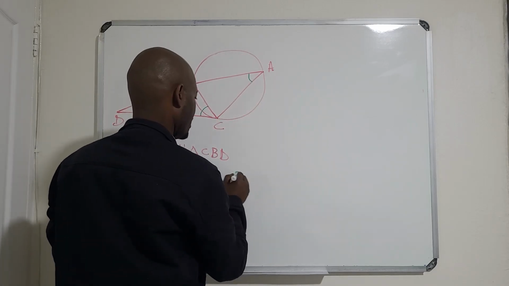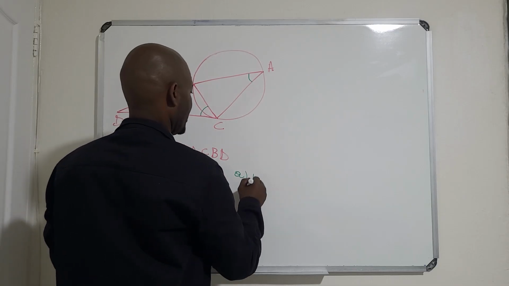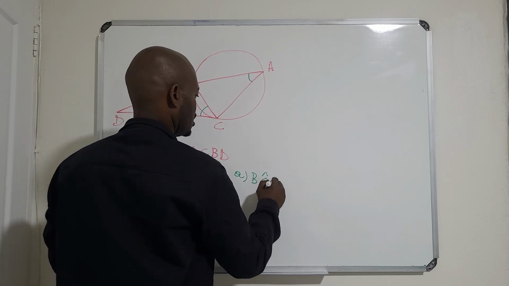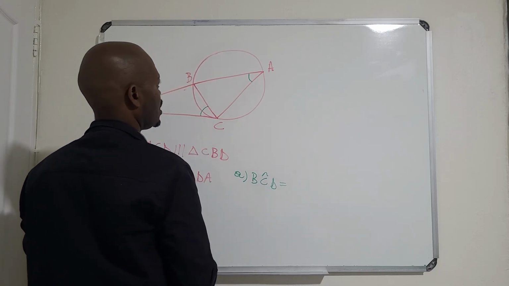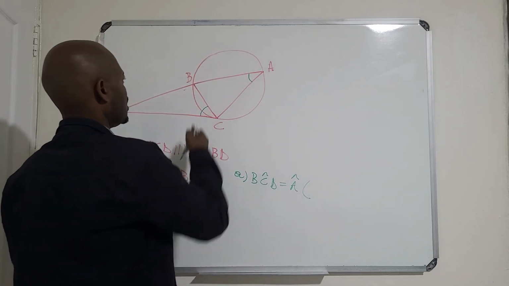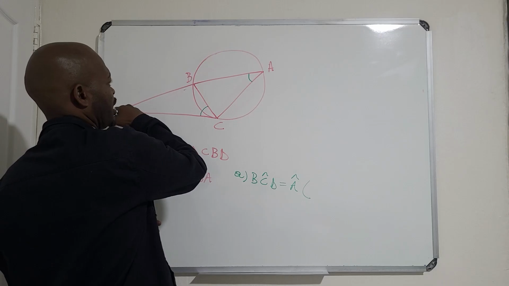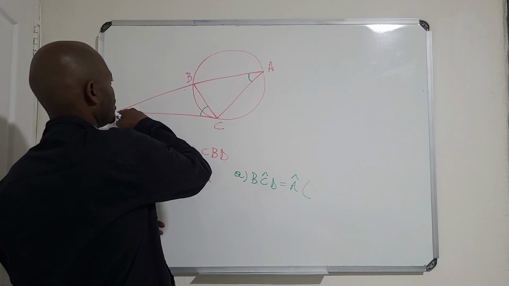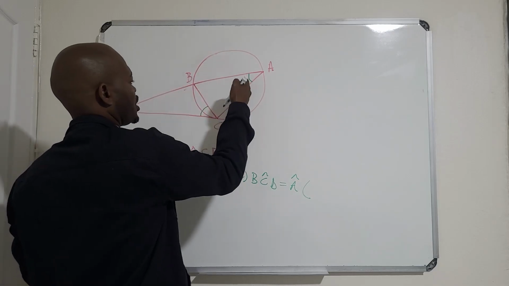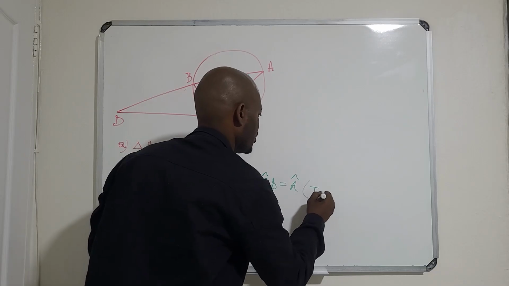Therefore, angle CDB is equal to angle A. We know a chord is making an angle with the tangent. Theorem number 9, part 2: an angle made by the chord and the tangent is equal to the angle in the alternate segment. Therefore, tan chord theorem.